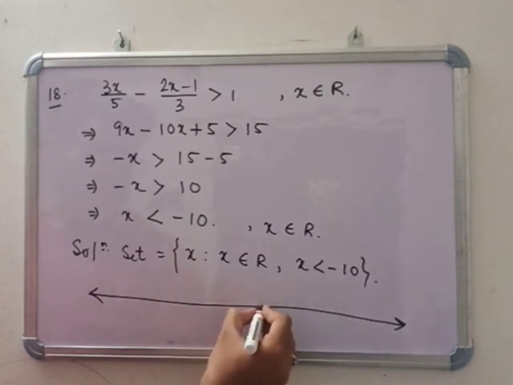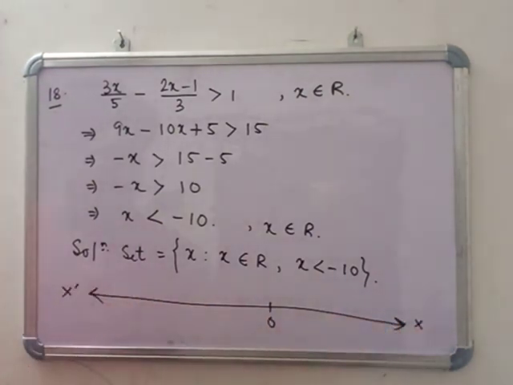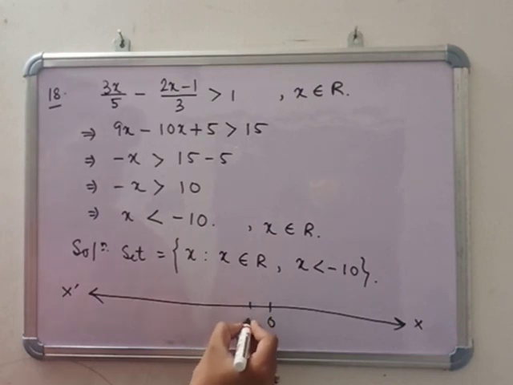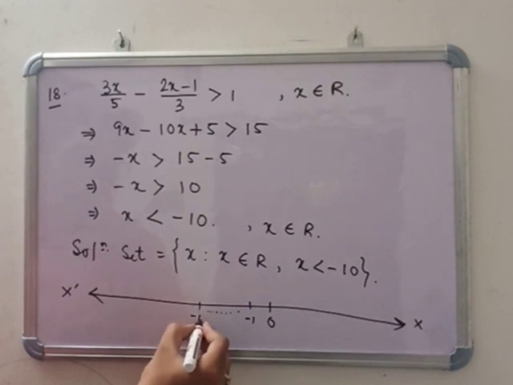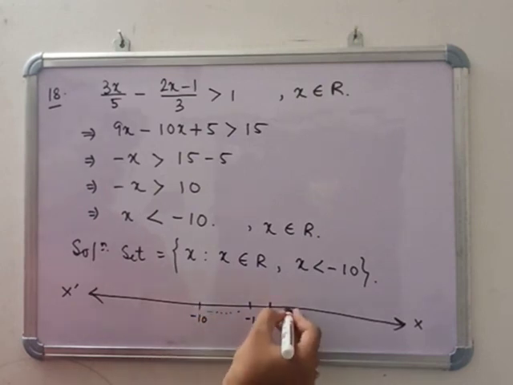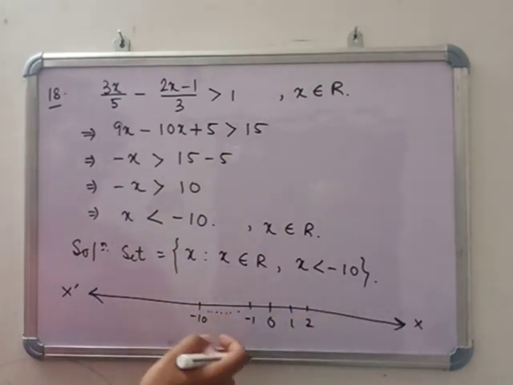So this is 0, x dash, x, this is minus 1, like that. Similarly, this is minus 10. Okay. For some spaces we are just ignoring the middle. You have to write it in the copy.